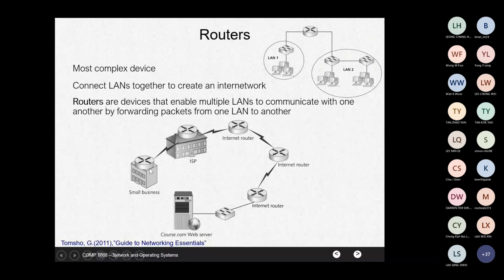For example, you are at home now, you use Wi-Fi or wired, connect to your hub or switch through your ISP, isn't it? For example, Unifi or Maxis or DiGi or whoever.